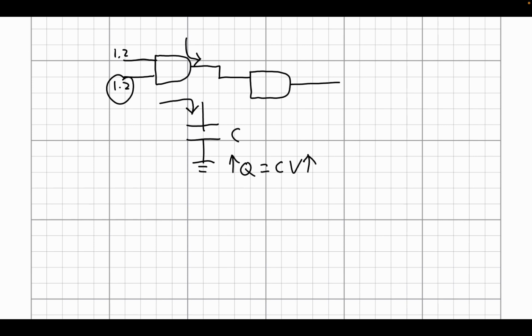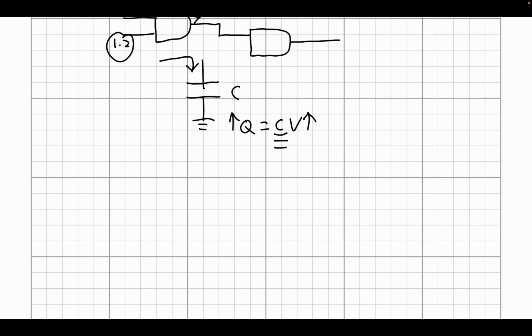But conversely, if you have more capacitance, then it's going to take more charge and therefore more current to actually increase the voltage, right? If the capacitance here was very big, then it would just take a long time for the voltage to rise.